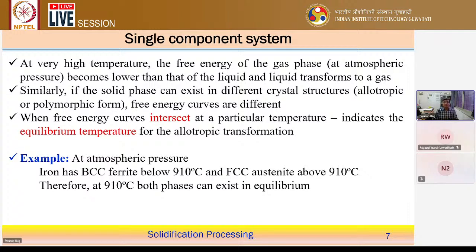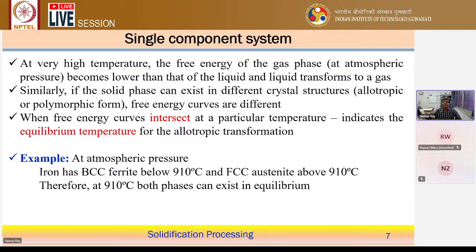Similarly, when the free energy curves intersect at one particular point, it indicates the equilibrium temperature, meaning one phase transforms to the other, or both phases are in equilibrium. For example, at atmospheric pressure, iron has BCC ferrite below 910 degrees centigrade and FCC austenite above 910 degrees centigrade.